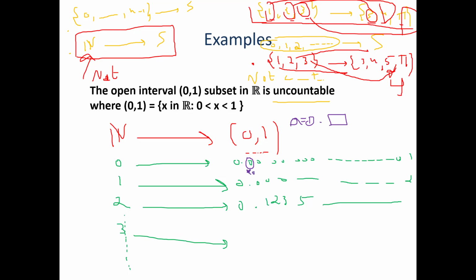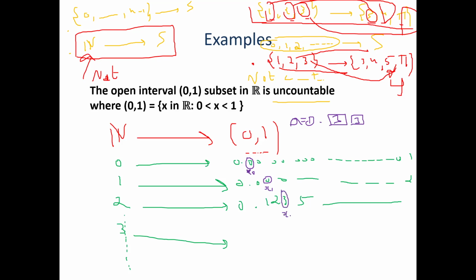Let's call it x0. If x0 is 0, here it's going to be 1. Then we move on. This one is called x1. It's also a 0, so we'll make it a 1 here. Let's move here.